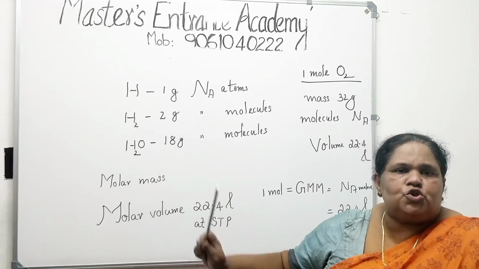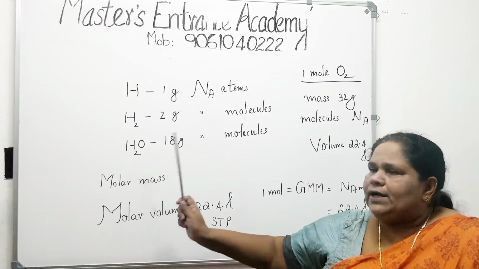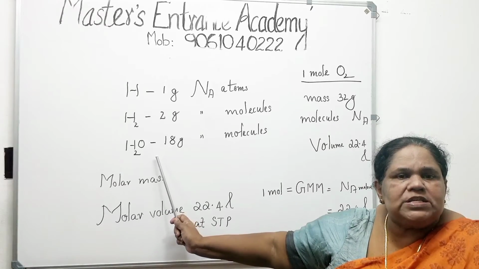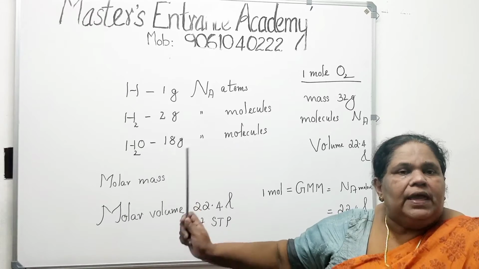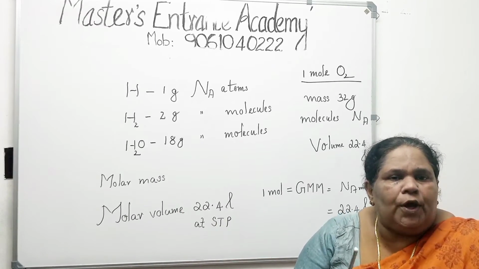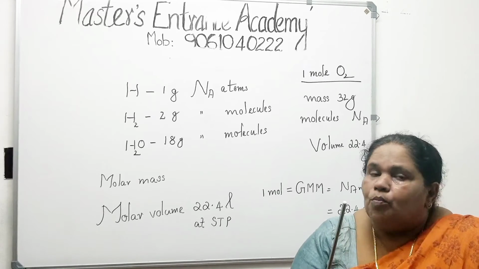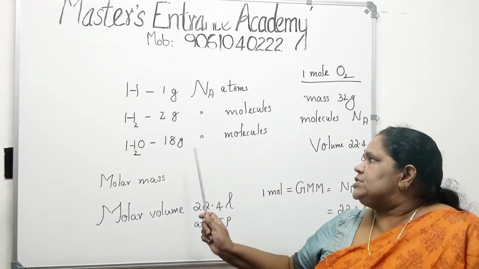Third one, H2O, 1 molecule of water. Total mass is 18 grams. In 18 grams of water, 6.023 into 10 to the power 23 molecules are present.